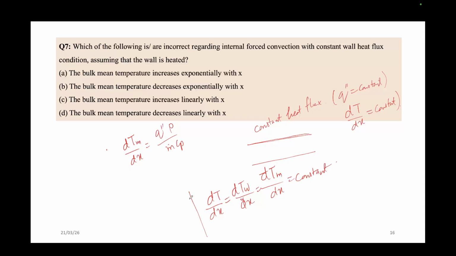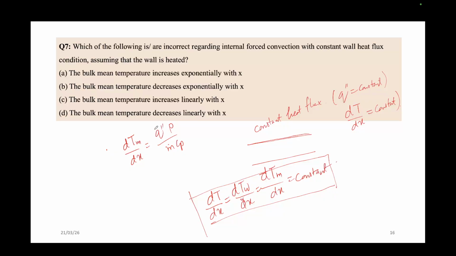This is derived by Professor Chakraborty in the classes, so I am not deriving it, I am just saying. The mean temperature variation in the x direction, or the wall temperature variation, should remain constant.